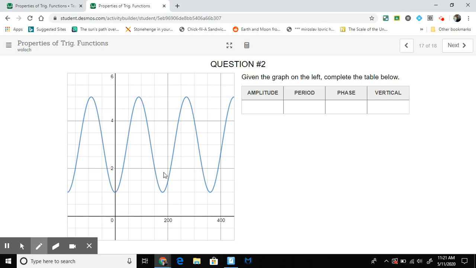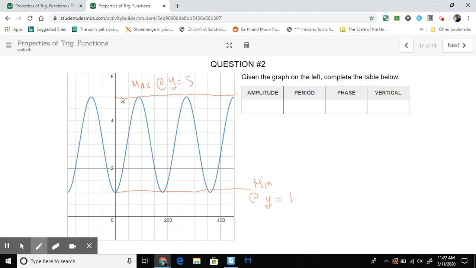So again, in terms of amplitude, it doesn't really matter which one we look at, right? If we want to model using a sine or a cos, but if I look, okay, so this line is going to be my max, right? I have a max at y is 5, right? And then here, this is a min at y is 1, okay?